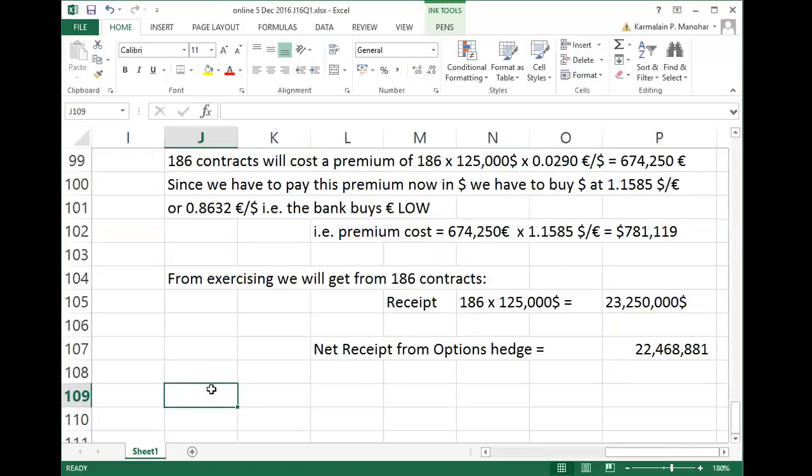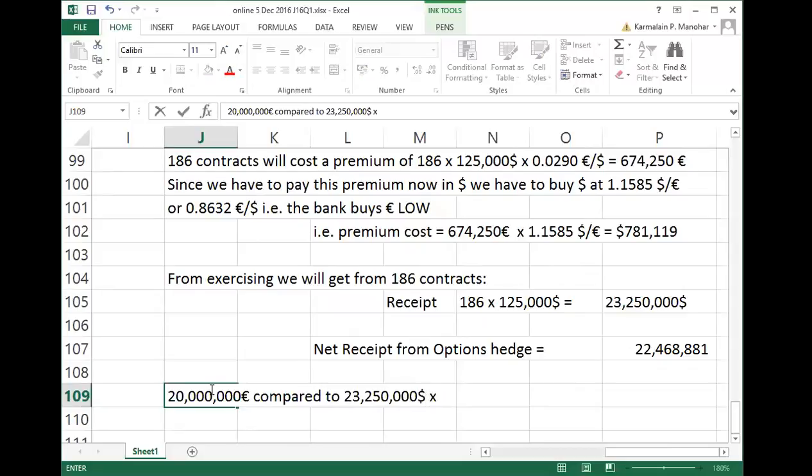So 20 million euro compared to our 23,250,000 dollars at the exercise or strike price of 0.8600, and that's an amount of euros per dollar. What would that get you?